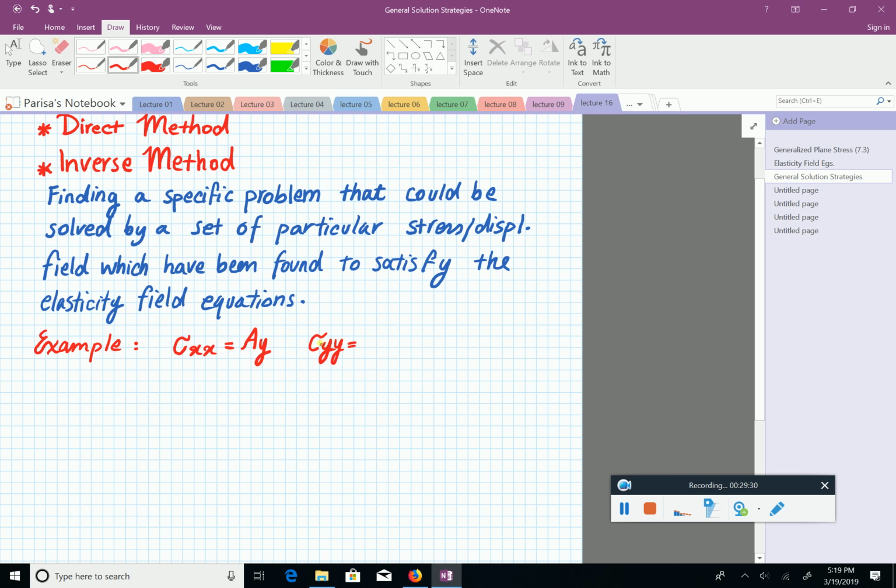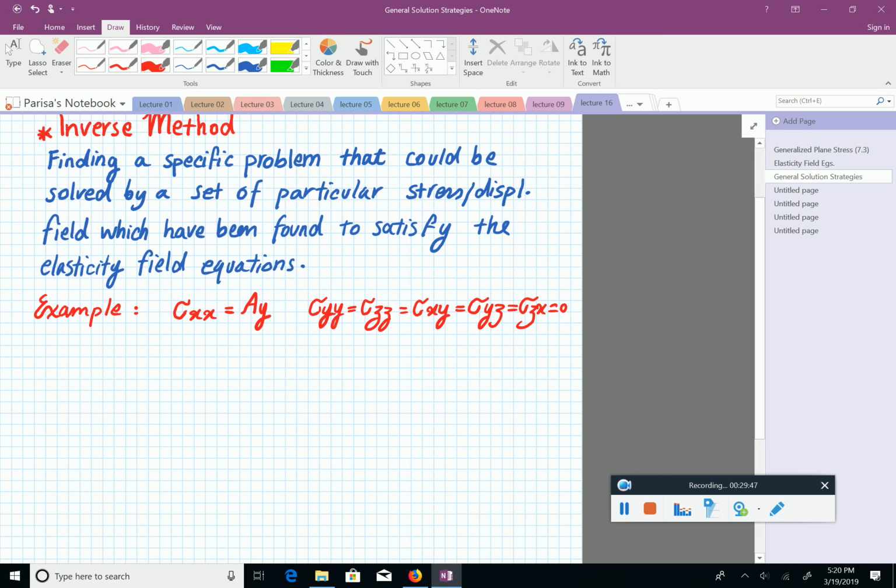So sigma yy is 0, sigma zz is 0, sigma xy, sigma yz, sigma zx, they're all 0. If we assume that body forces are zero, you can easily show that this stress field is going to satisfy all the equations.